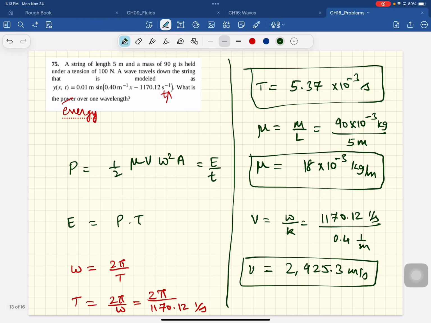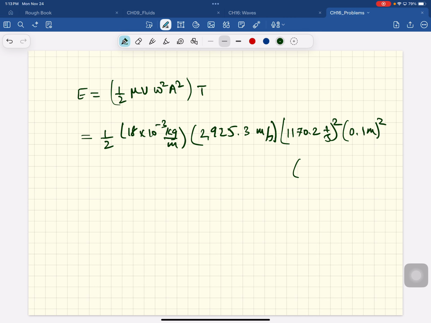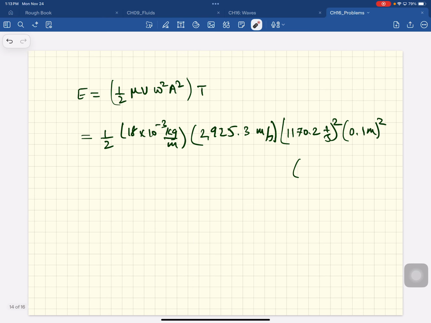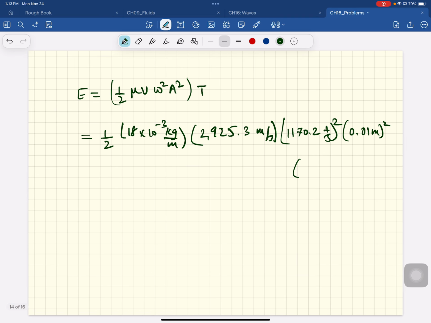Omega is 1170, and the amplitude is 0.01 meters. And the period is 5.37 milliseconds.